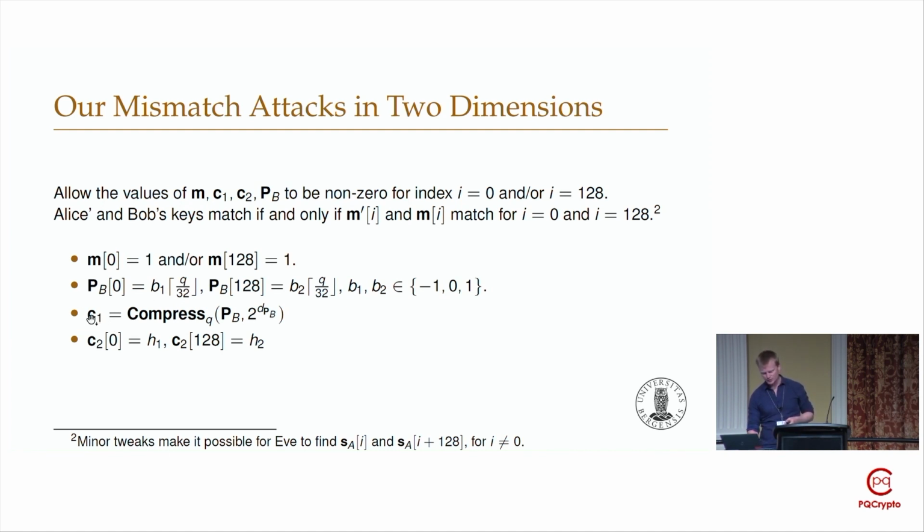Then she will compute C1, and she will set C2 of 0 and 128 to parameters H1 and H2, and the rest of C2 to be 0. The exact values here don't really matter.